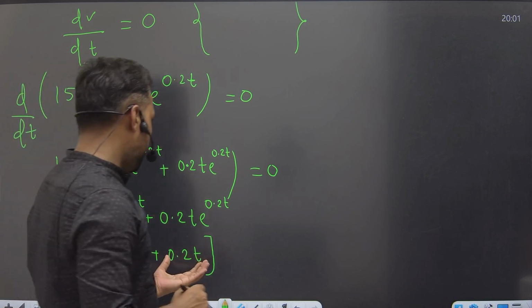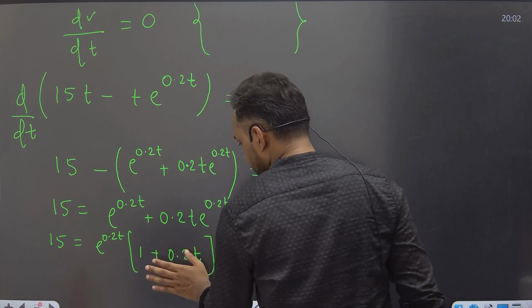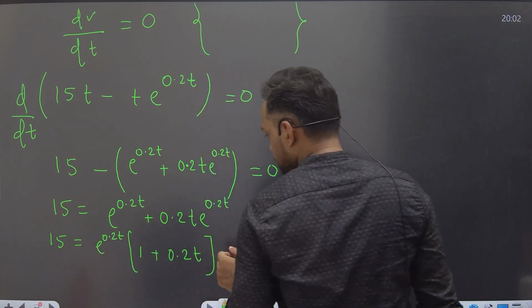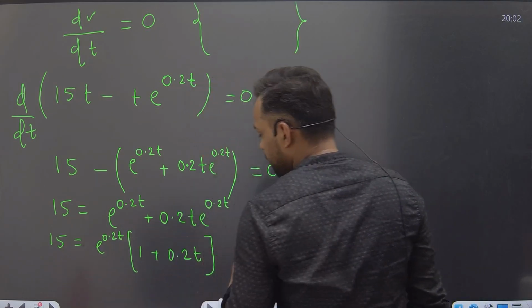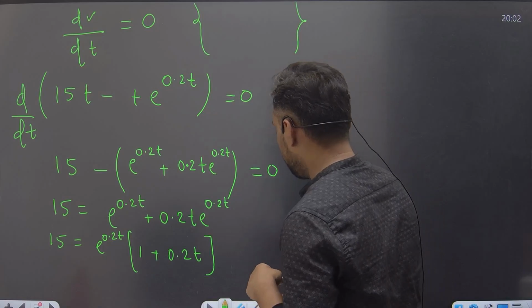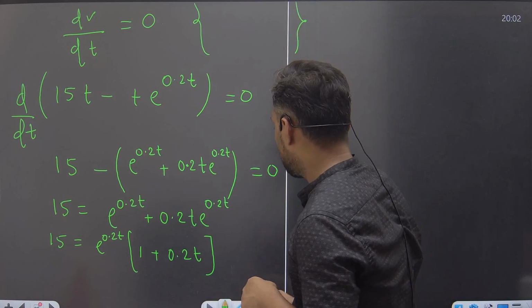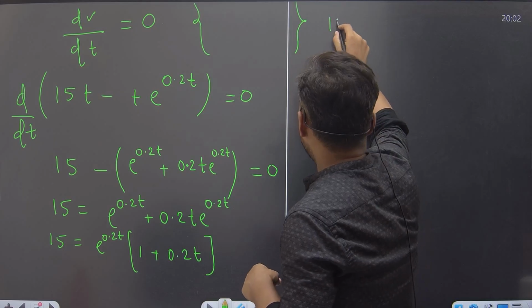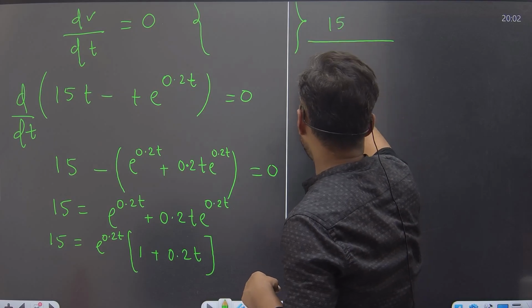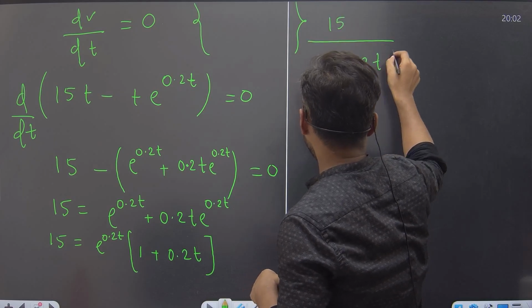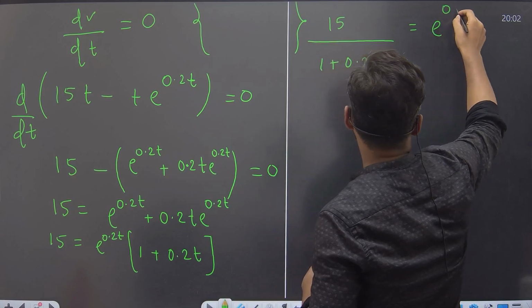Now transposing this part to the left hand side denominator, it will be 15 upon 1 plus 0.2t equals e to the power 0.2t.